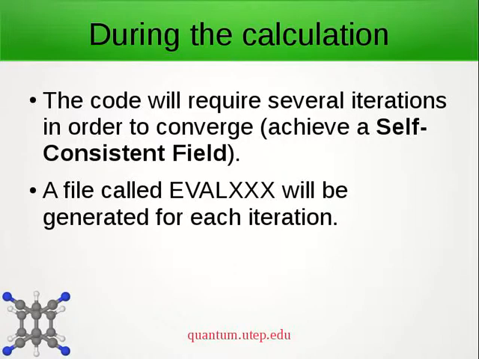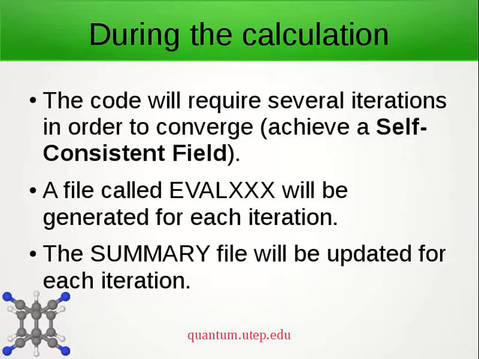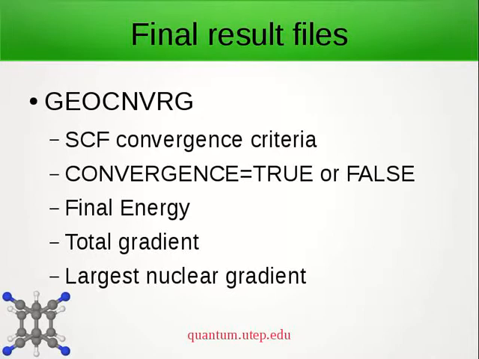Also, a summary file will be created initially and then updated with the energy for every iteration. There's also a geoconverge file, which sets the convergence criteria. A flag there will be set to true or false depending on the output of the optimization. It also contains the final energy, the total gradient, and the largest nuclear gradient.